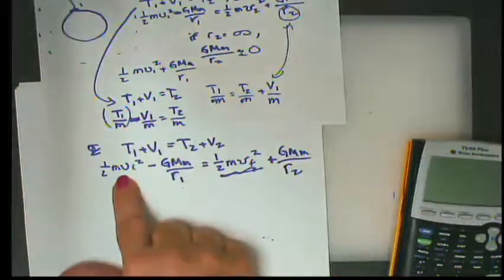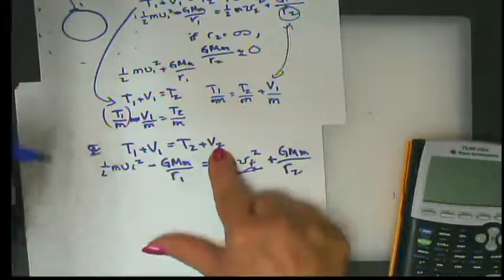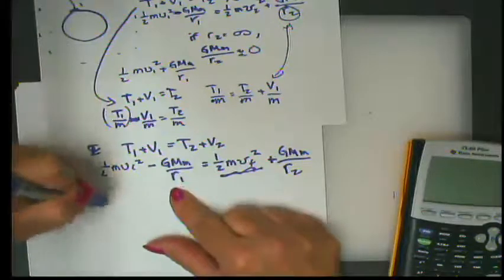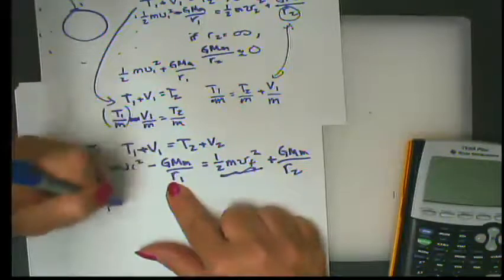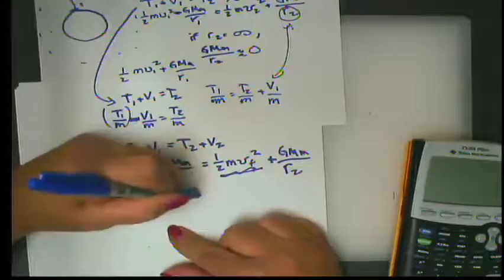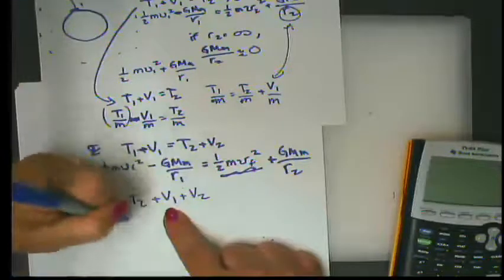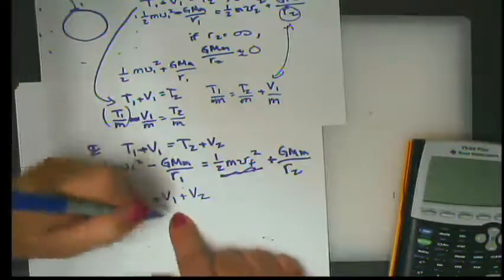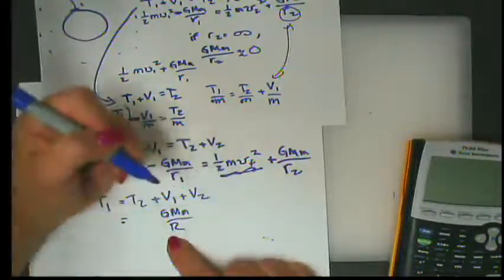All right, so then what we really have to think about here is what are we doing with these two terms? Okay, so I'm going to say then T1, since this is a negative, put that right here, is equal to T2 plus V1 plus V2. All right, so I'm just going to leave those in this form. This is equal to GMM over r of the Earth.